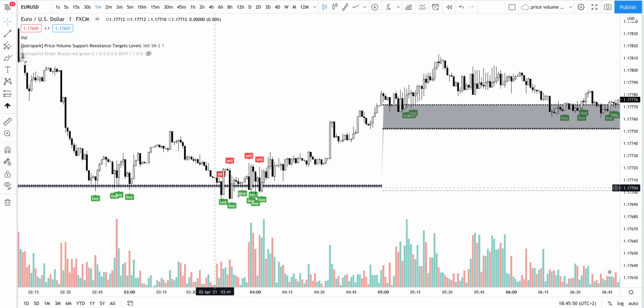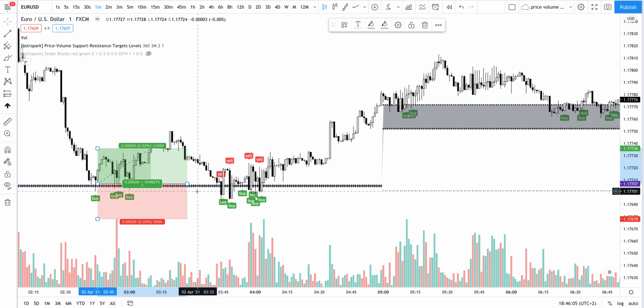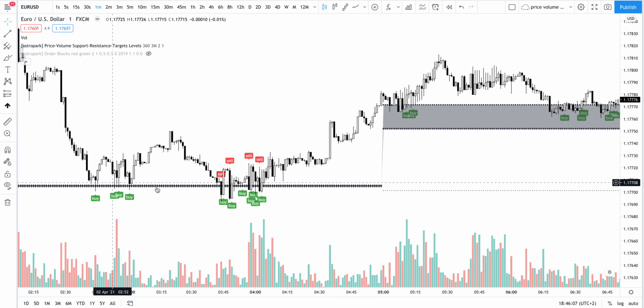Just in this case I suggest, as said before, to keep only one position and open your position near the zone. If for example this buy, you can open here, you don't need to open directly on the level.